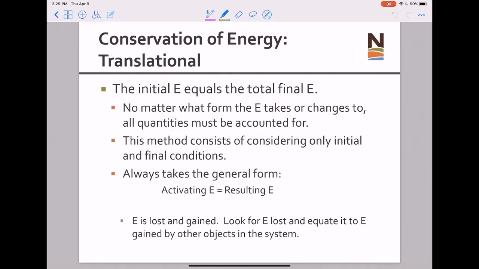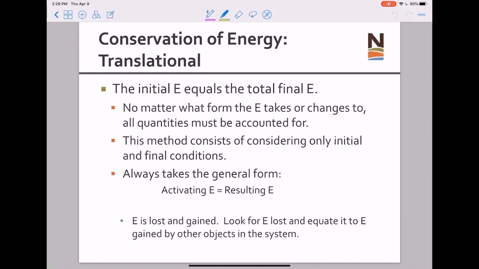So it's 100% kinetic energy. And as it increases in height, as it goes up, it is decreasing in kinetic energy because it is slowing down, but it's increasing in potential energy. So total energy stays the same, we're just going from one form to another.